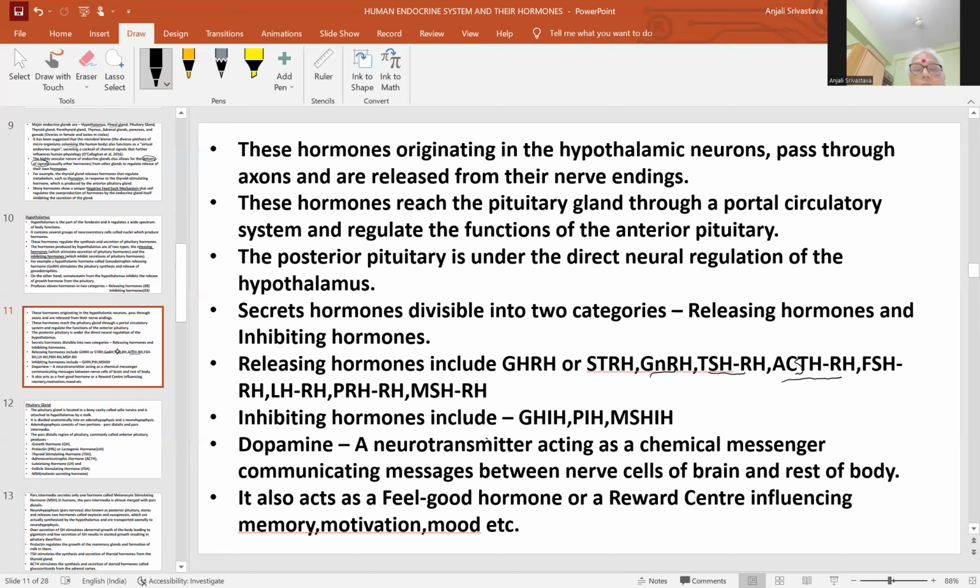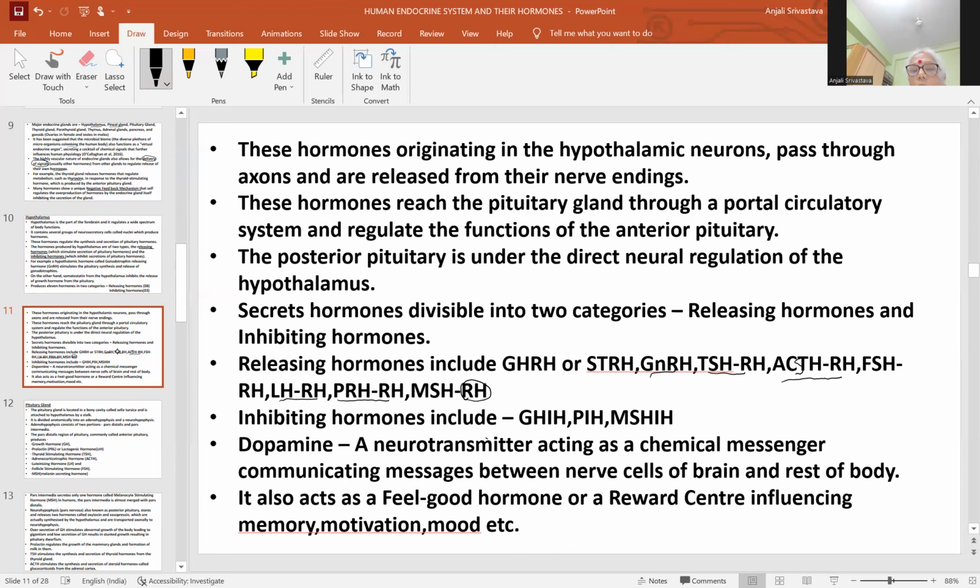Then FSH, follicle stimulating hormone. LHRH, luteinizing hormone. Then PRH is the prolactin stimulating hormone releasing hormone. These are all releasing hormones. RH matlab releasing hormone.